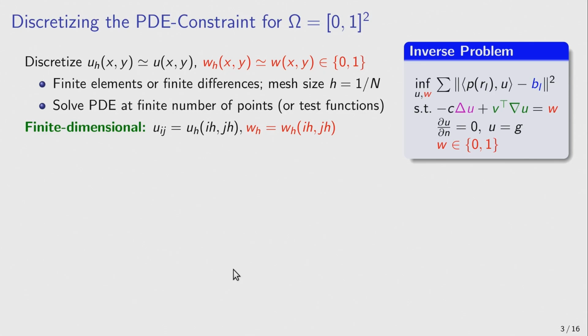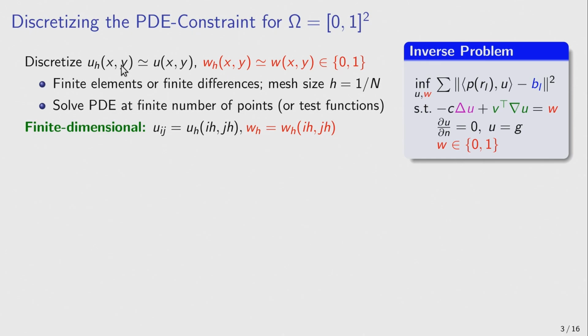I've rewritten the inverse problem that you saw on the previous slide over here in much shorter hand notation. So there's the advection diffusion equation. We're trying to invert for this binary indicator of where our contaminants are. Typically when we solve partial differential equations, we discretize, and so we replace the functions, the state variables u and the control variables w, by some finite dimensional approximation that I indicate with h.